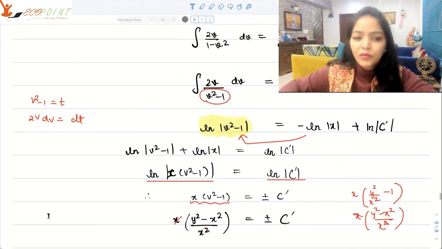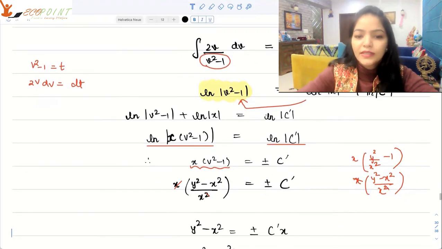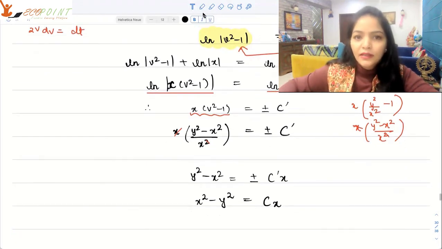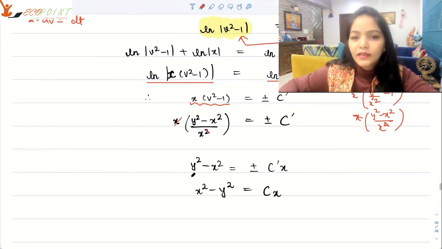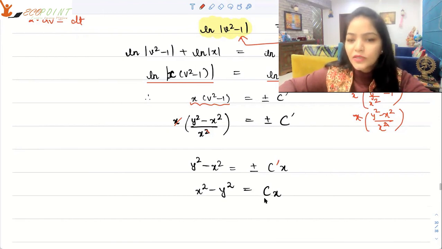And what you get is y square minus x square is equal to plus or minus c dash x. Instead of c dash, I'm just taking another constant which will satisfy this condition. So x square minus y square is equal to cx.